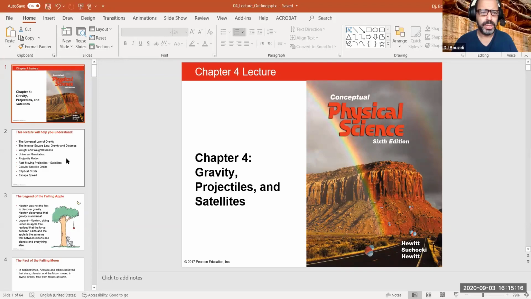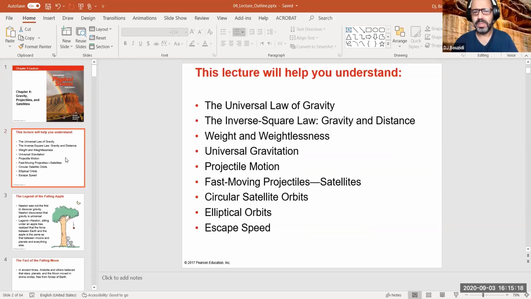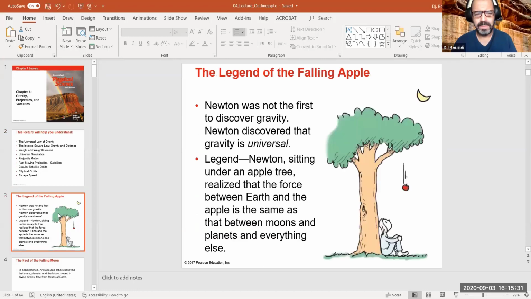In this chapter 4, it's basically the universal law of gravity. That's what we're going to discover. Newton in 1666 discovered this law. The legend has it that he was sitting under a tree and an apple fell on his head, and then he said F equals G times M1 M2 over R squared.